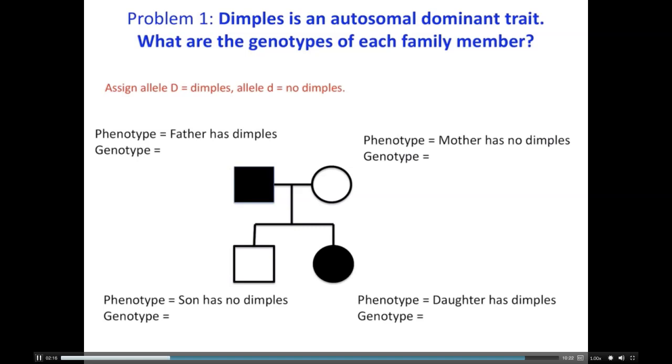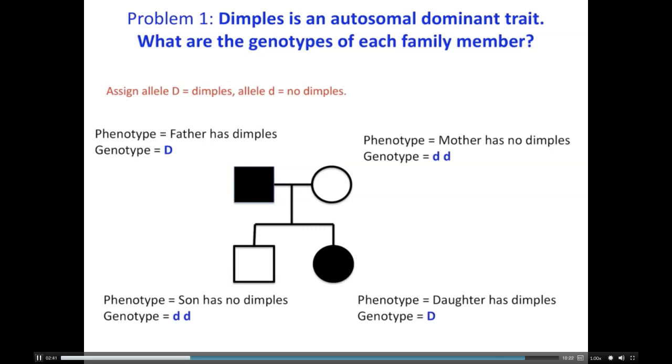Since the father and the daughter have dimples, that means they must have one big D allele each. And the mother and the son, who have no dimples, you know that they both have little d, little d.